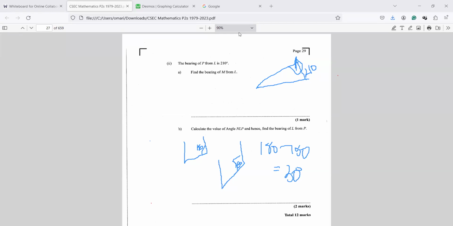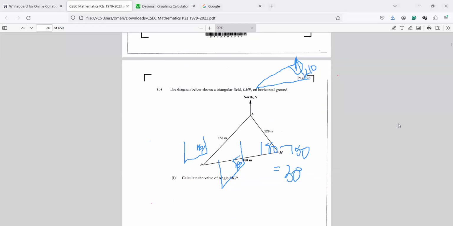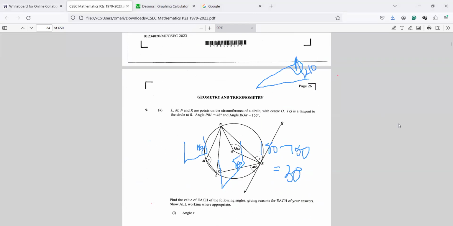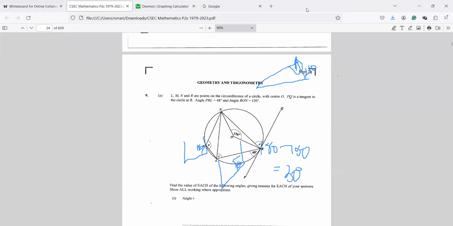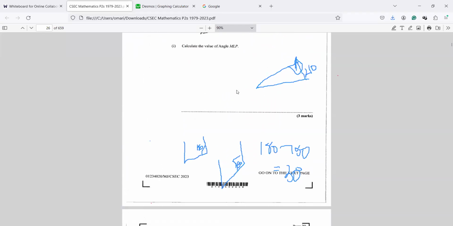So the other topics that you guys would have mentioned outside of bearing would have been geometry and linear programming. So let us see if we can find one of those questions, Omari. What's the answer for 11A? This is question 11? Let me scroll down and see which question that was.